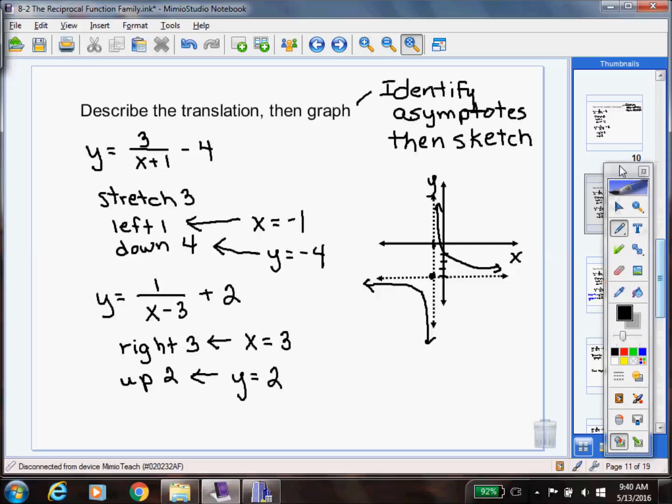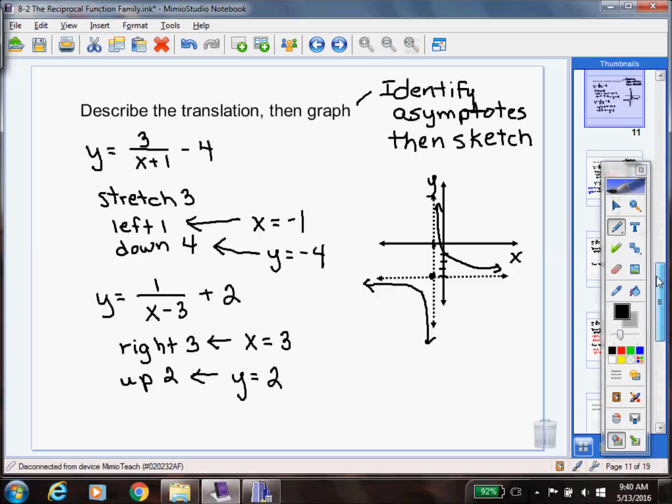Now, what we're going to do is take a look at another one, and I want you to take that one below it, the y equals 1 over x minus 3 plus 2, and I want you to sketch in those asymptotes for yourself and do that graph.